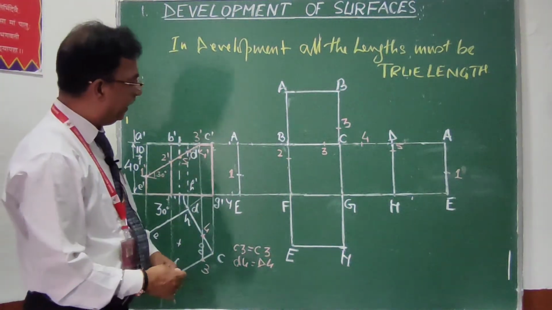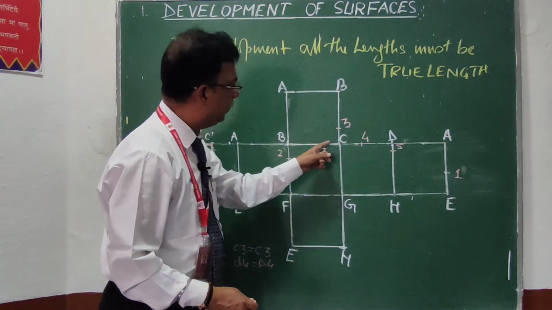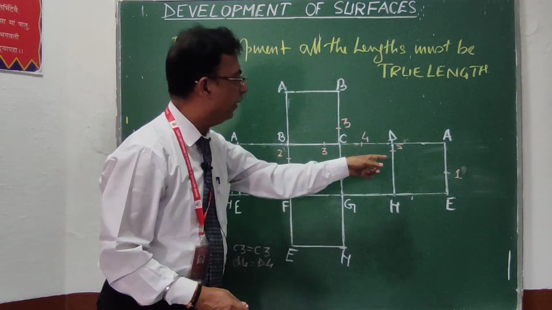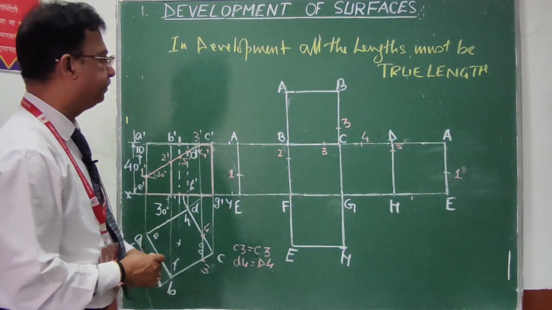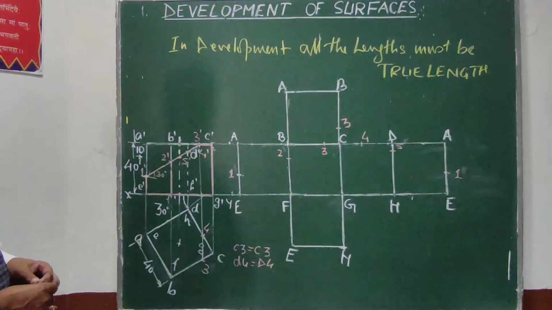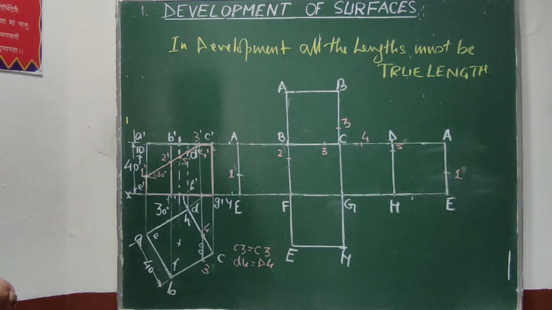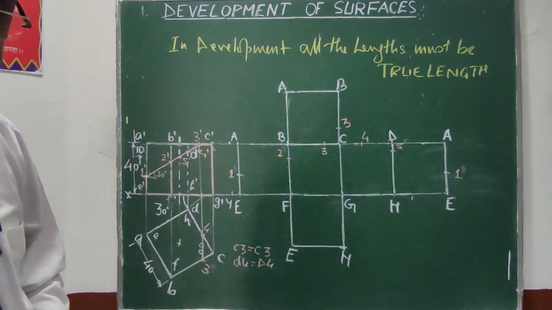So in this way I got all these points 1, 2, 3, again 3, 4, 5 and 1. C, B, C, D. C, D, A, B. Okay.